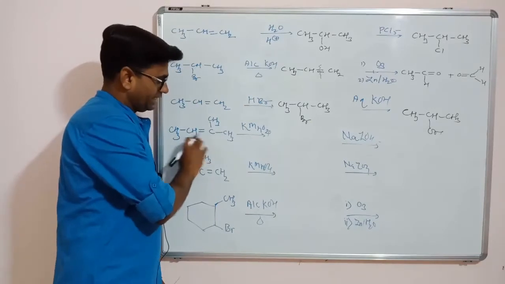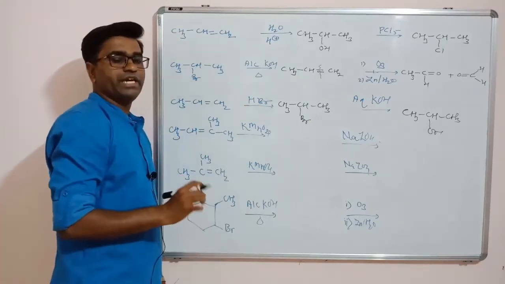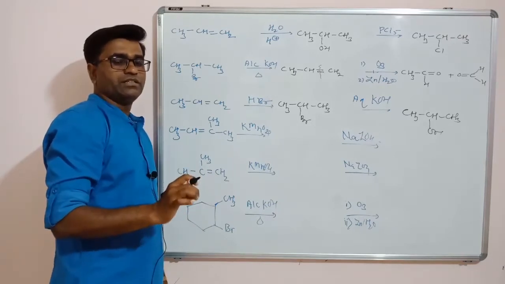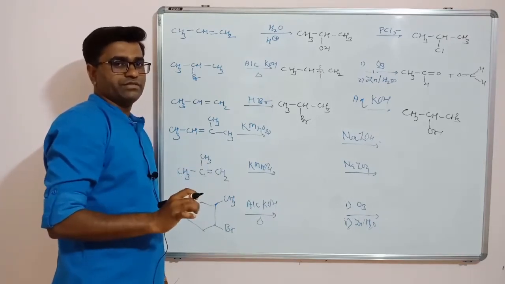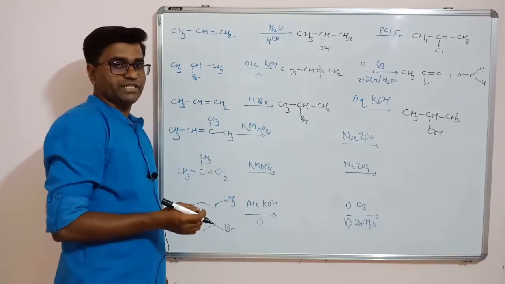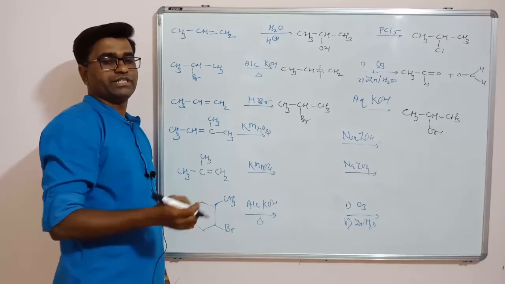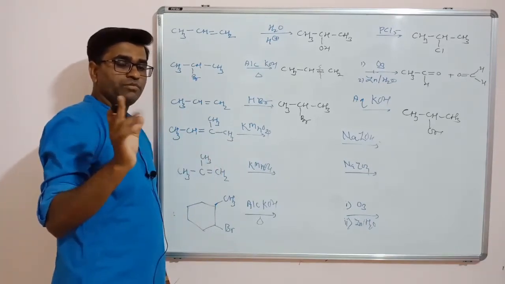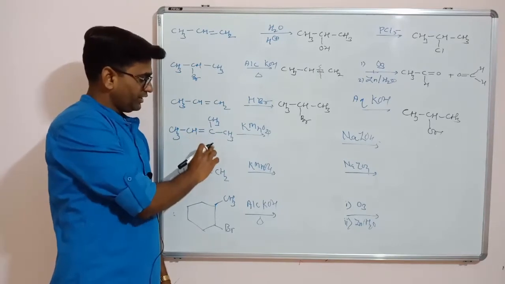Suppose this is alkene, and if you are having KMnO4 or osmium tetroxide, so these are the hydroxylation reactions, means both carbon will get OH, diol formation reaction, vicinal diol. Product is vicinal diol. Di means two, ol means alcohol, दोन alcohol, इथे एक OH, इथे एक OH.